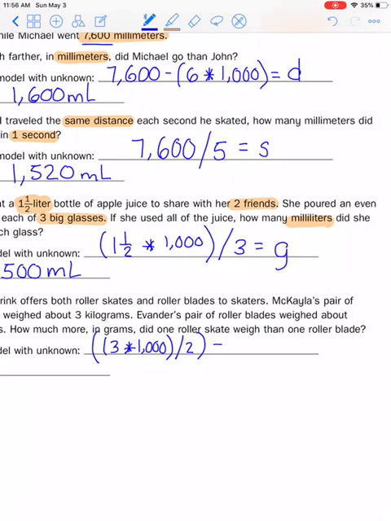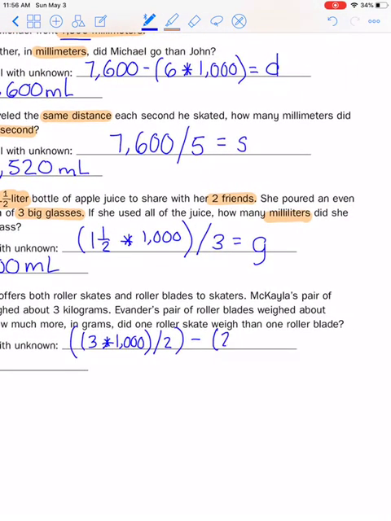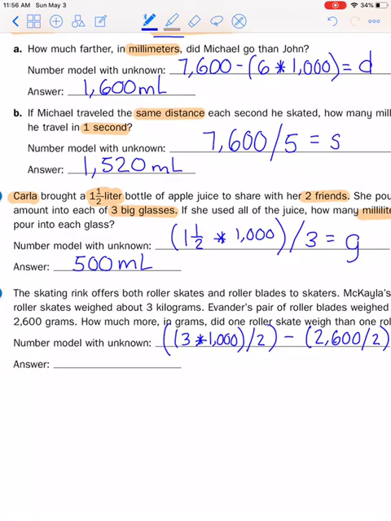Then we took that amount and subtracted how much Evander's weigh. But we had to do 1,600 grams, how much Evander's roller blades weighed all together, divided by 2, equals W for weight.